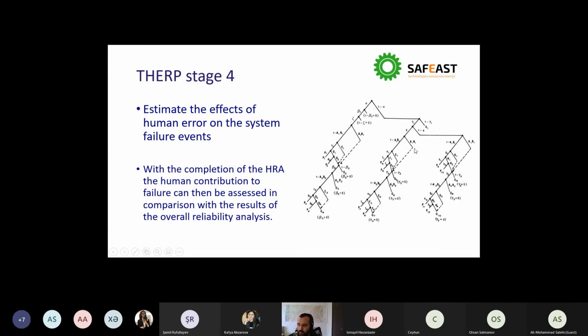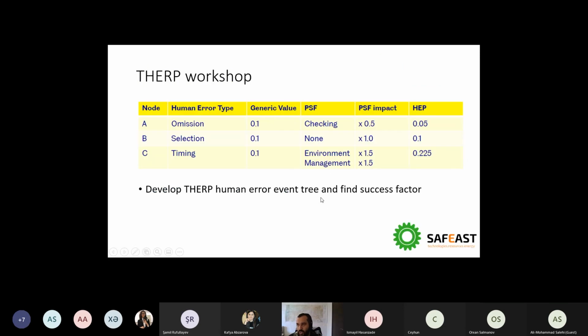which can be shown as very resource intensive, with too many numbers. When you estimate the effect of the human error, with the compilation of the reliability analysis, you can assess the contribution of each error, so which one is actually contributing the most.